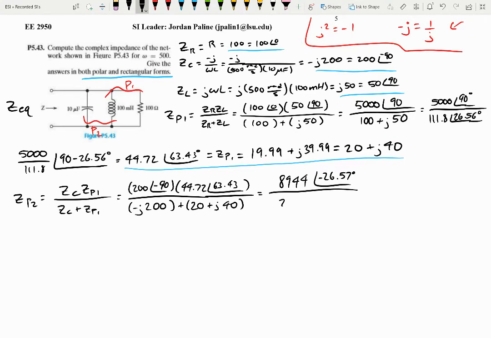Then on the bottom, we get 20 minus j160. We'll go ahead and convert those.